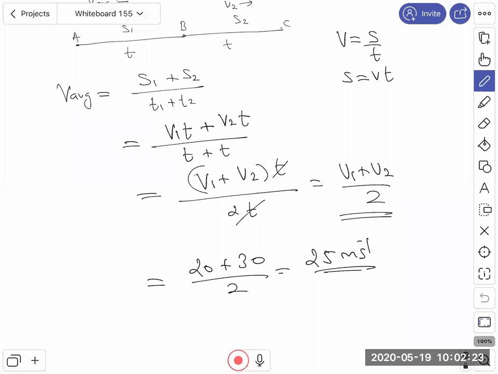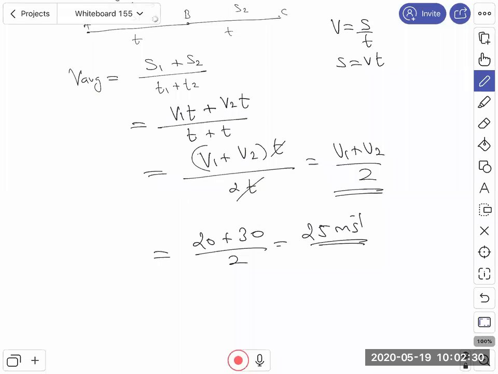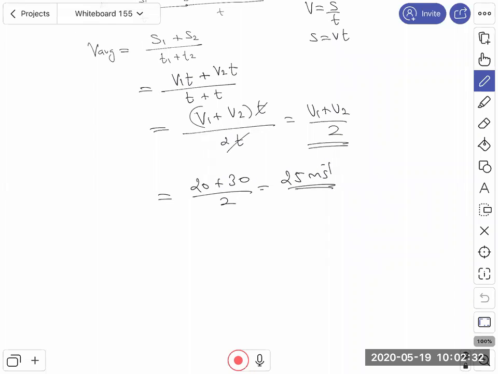So when time is given same, we can use the equation v1 plus v2 divided by 2, same as the normal average value. Okay? So note this down, write down.